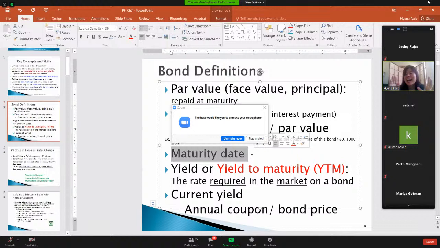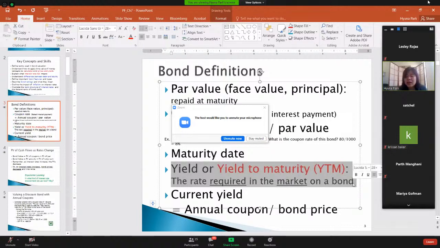And now it's a good time for you to learn about yield to maturity. So yield to maturity is the discount rate. Yield to maturity, in short yield, is the rate required in the market on this specific bond.